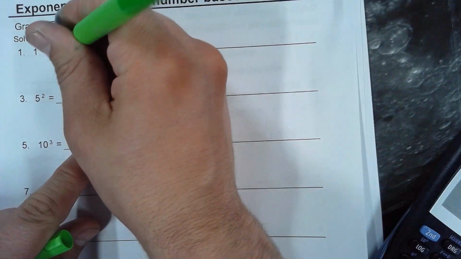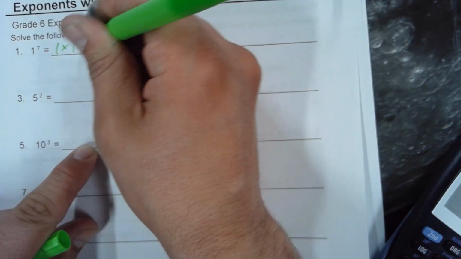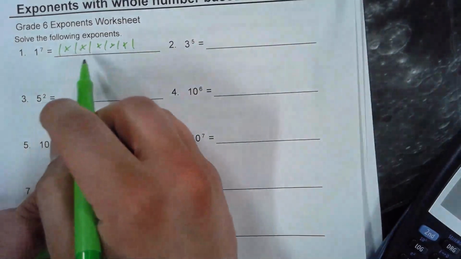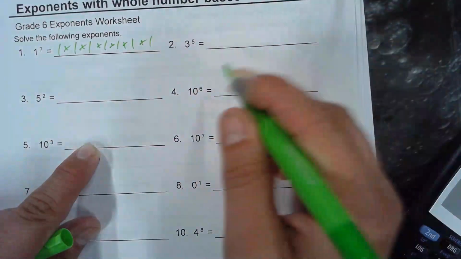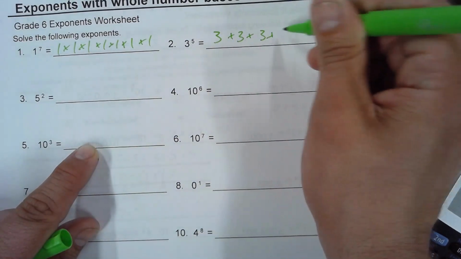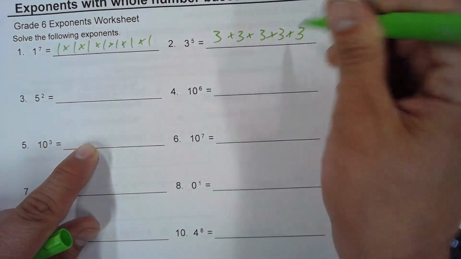So for example, 1 to the 7th power would be 1 times 1 times 1 times 1 times 1 times 1 times 1. 3 to the 5th power would be 3 times 3 times 3 times 3 times 3.